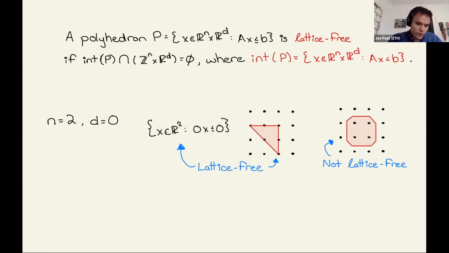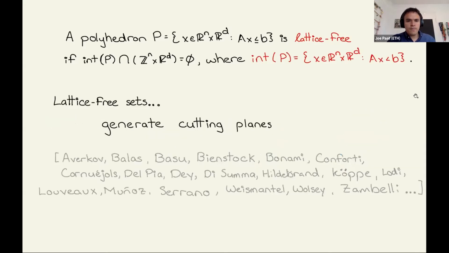There's been a lot of work done on lattice-free sets and how they generate cutting planes. Daveen actually had a very nice list of references in his talk, and I'm sure I've missed many people. But here are just a handful of people who have worked on this question in the last 10 years or so.